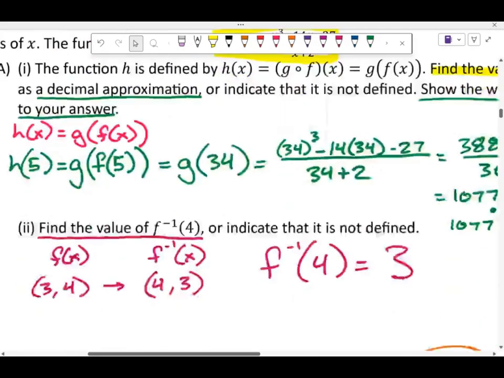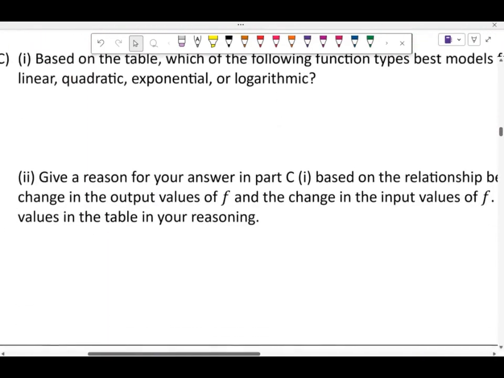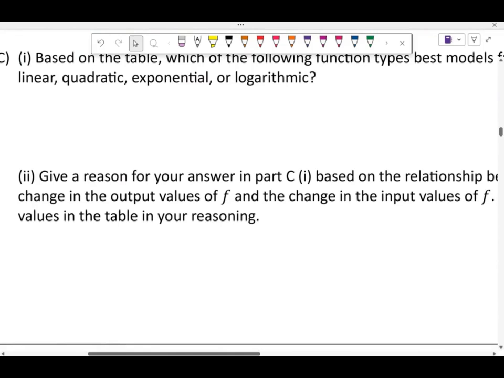Let's look at the differences. So let's write down our y values here. So that is -10, -5, 4, 17, 34. Let's look at our differences. What is the difference between -10 and -5? Am I going up, going down?